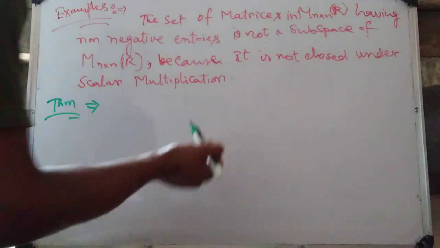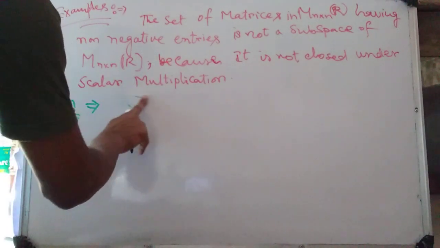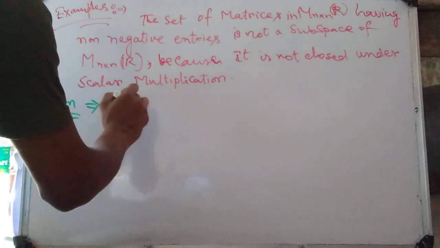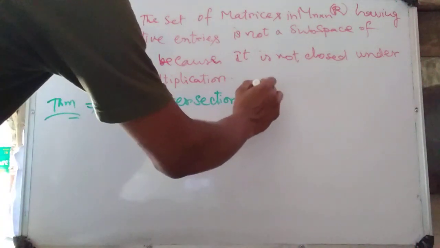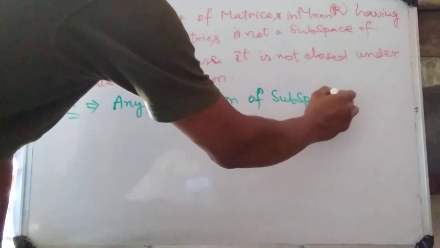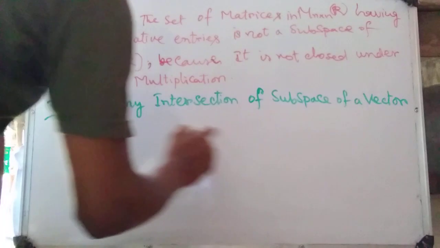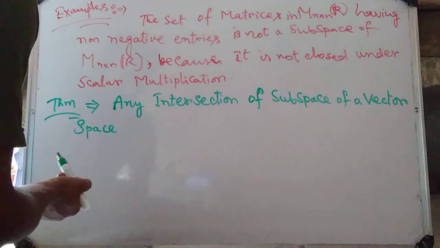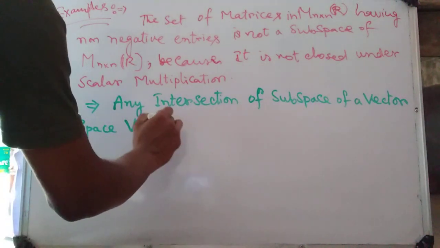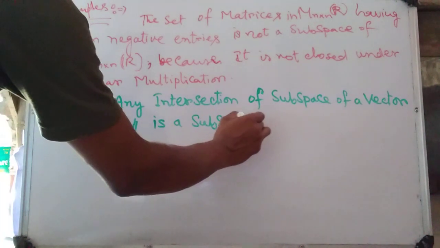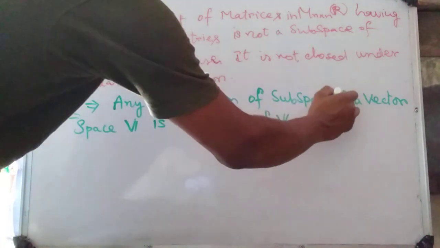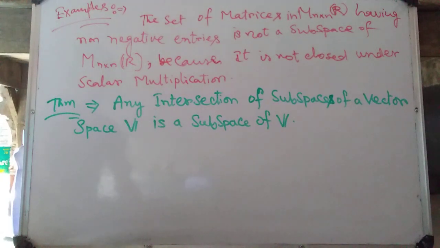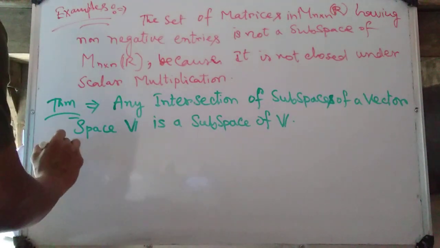Any intersection of subspaces of a vector space V is a subspace of V. We also discuss this theorem too easily. Understood? We write this proof now.